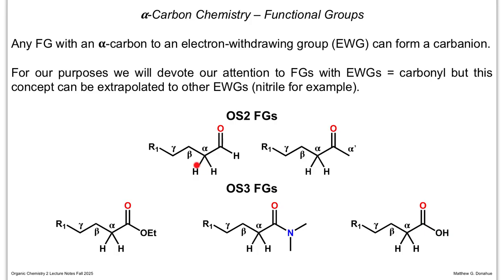So I've expanded out the OS2 and OS3 functional groups. So here we have an aldehyde. Here we have a ketone, then ester, amide, and carboxylic acid.